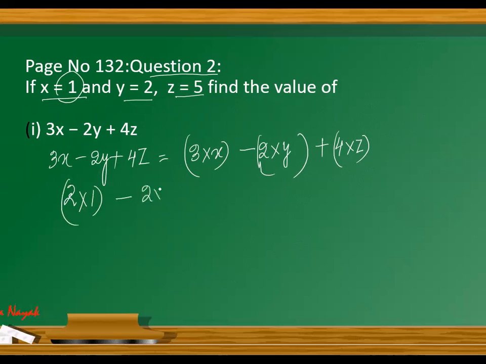Minus 2 multiplies y, y is 2 here. Plus 4 multiplies z, which is 5. So get the value.